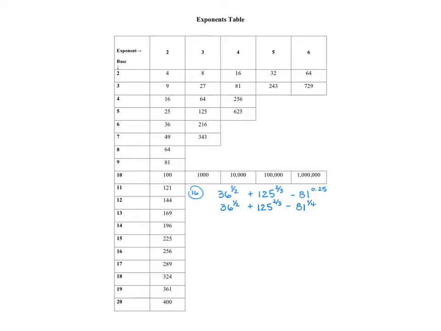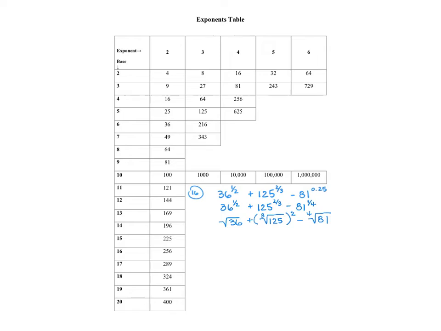And now I'm going to start writing all those fractional exponents as roots to powers. So 36 to the 1/2 becomes the square root of 36. 125 to the 2/3 becomes the cube root of 125 squared. And 81 to the 1/4 becomes the 4th root of 81.